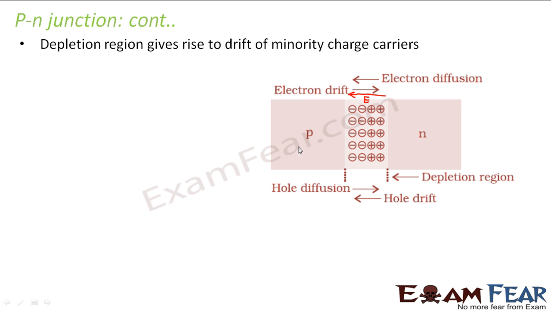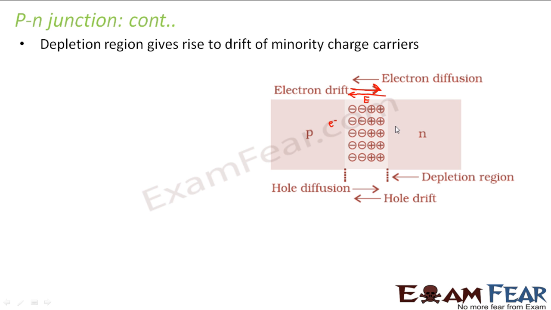The negative charges which are present on the P side will start moving in a direction opposite to the direction of the electric field. That means the electrons which are present in the P region will move opposite to this electric field. So the electron drift will take place along this direction.